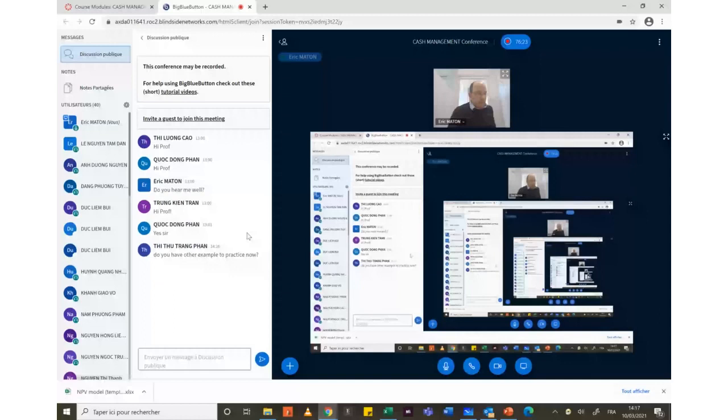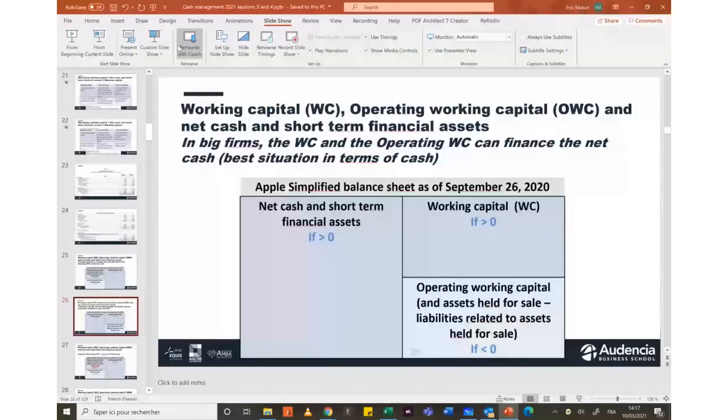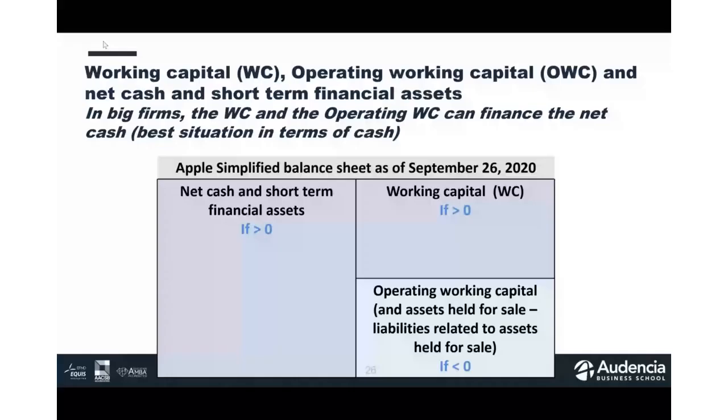Okay, I continue. So if the operating working capital is negative, it's a source of financing. On the right side, I have the sources of financing.